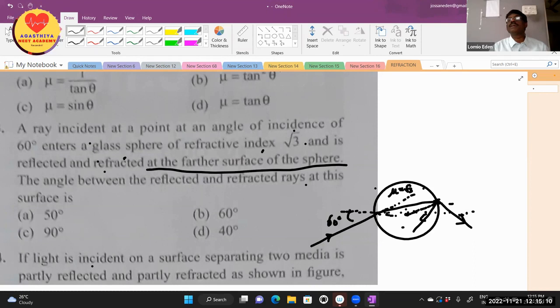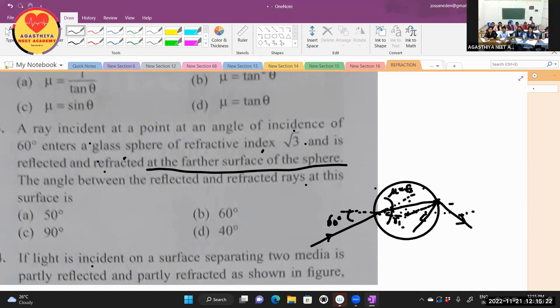Students, all of you listen here. This angle is equal to, say, R1. Here, the light travels in this direction and strikes the other surface of the sphere.